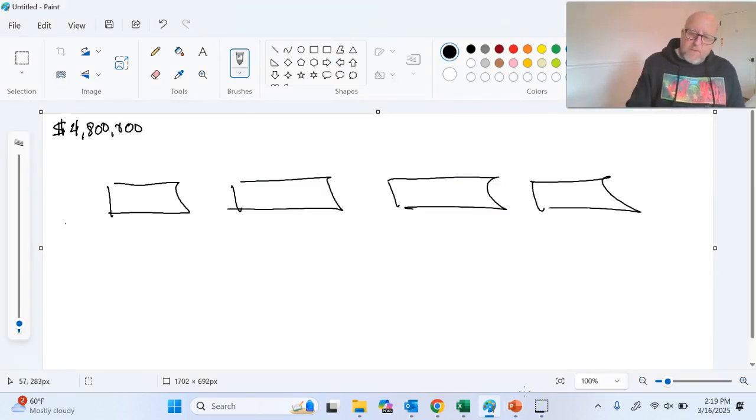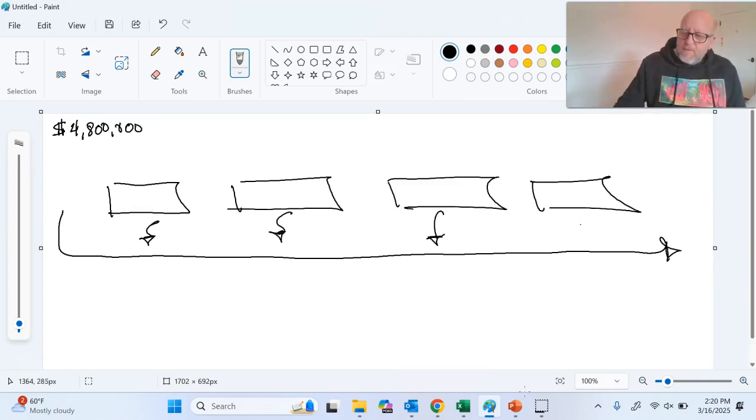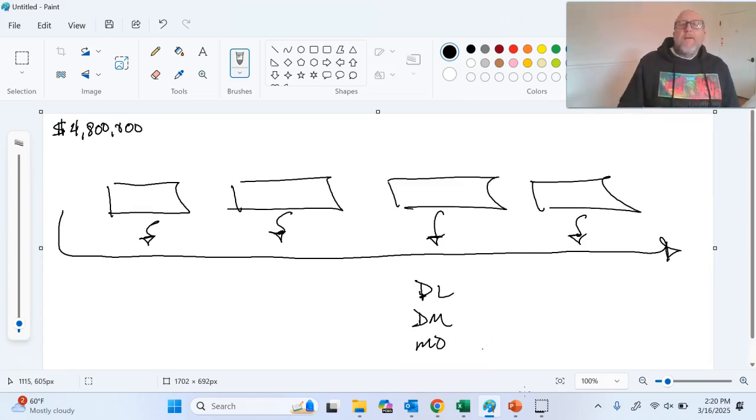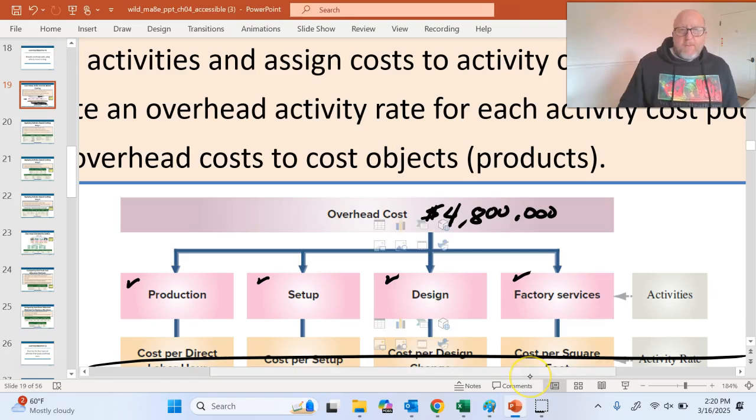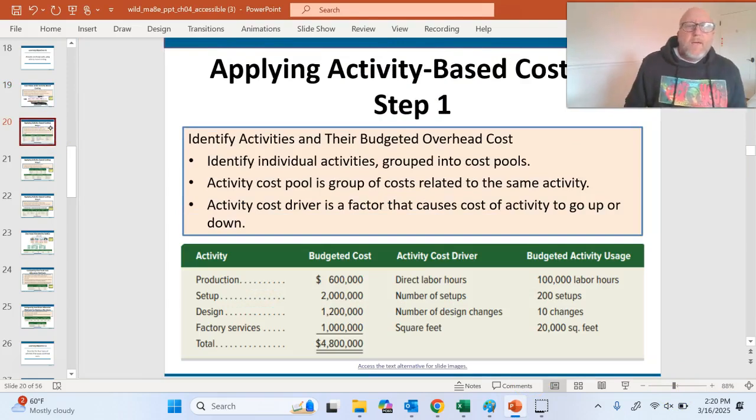And then as we make our go-kart through these activities, we're just going to allocate some of our overhead from each one of these activities to the go-kart. In addition, the go-kart has direct labor, direct material, and then the manufacturing overhead that we allocate is based on each one of these different activities.